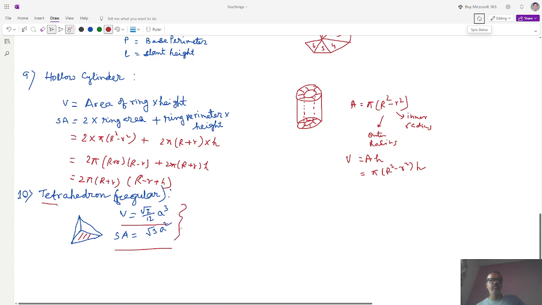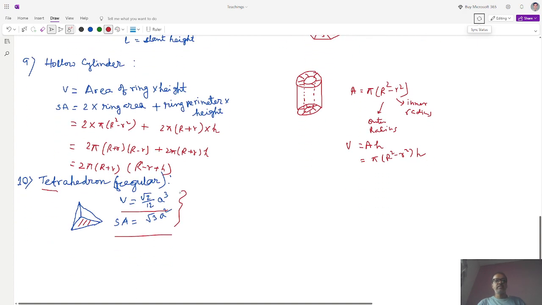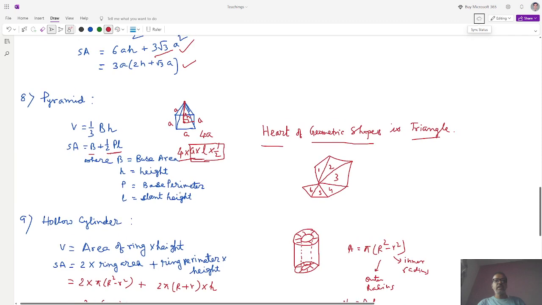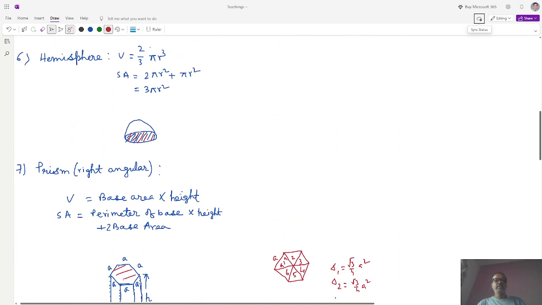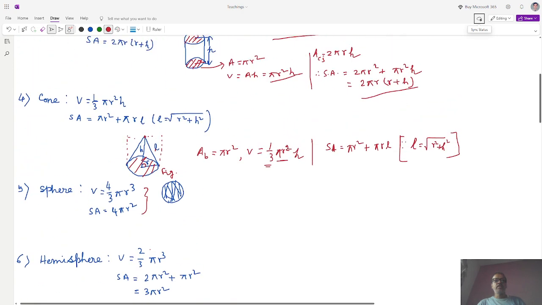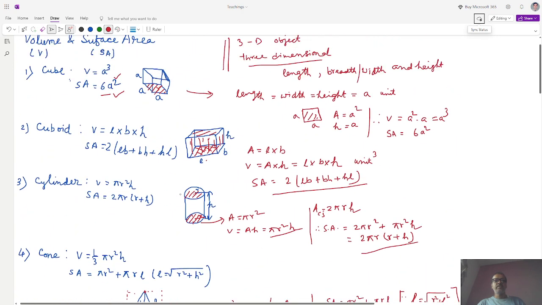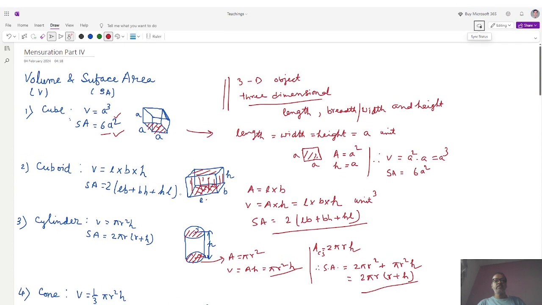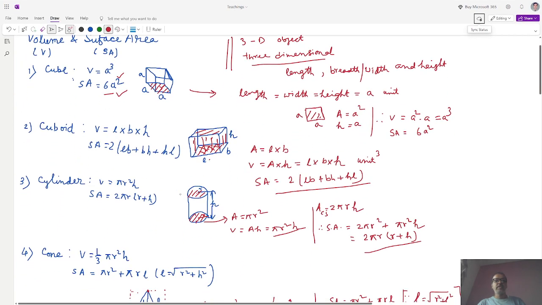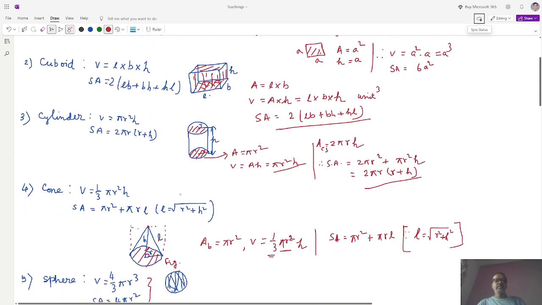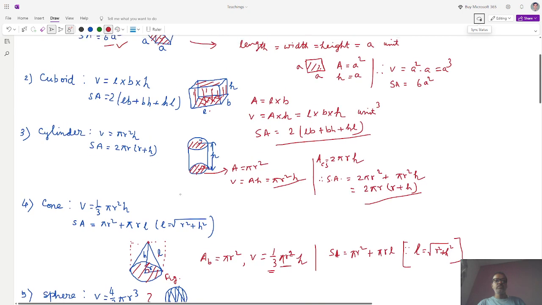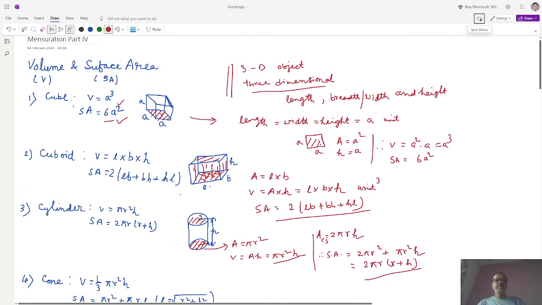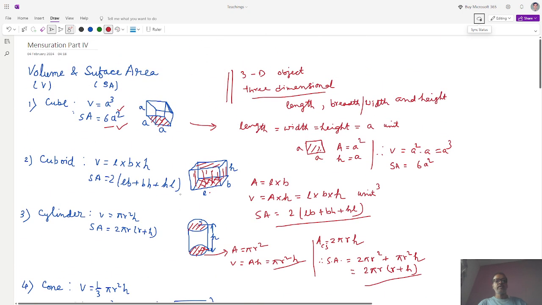I hope you understand these formulas and can easily remember them. If you forgot a formula, then you have to draw the figure and apply the techniques what I told and find the formula easily.